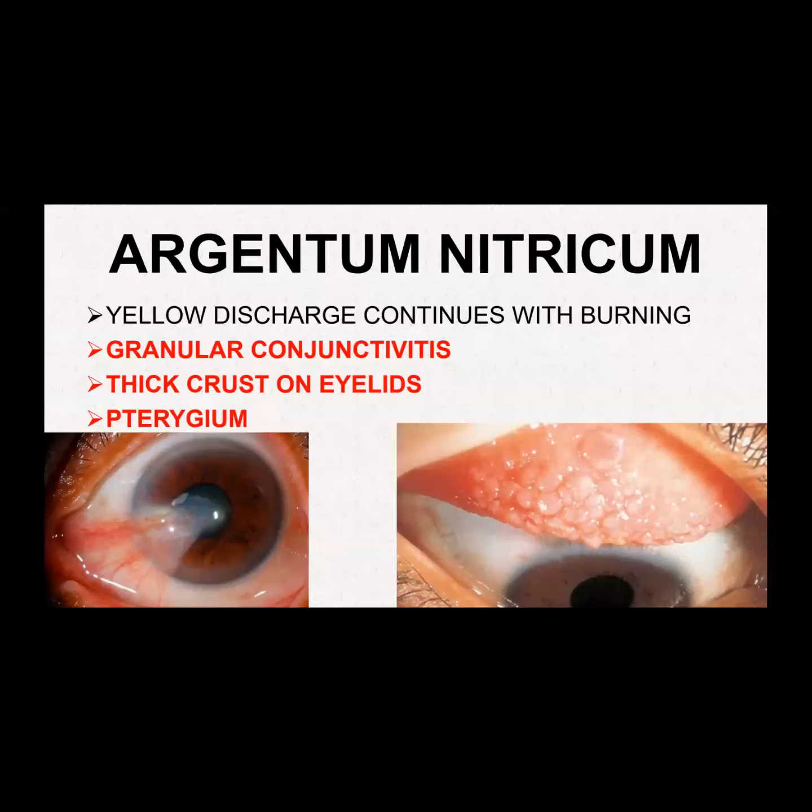The discharge in Argentum nitricum will be yellow. Now the pathology has blown up, the infection has become severe and purulent, with suppurative discharge. So there will be pus formation, and that pus will make the eyes sticky.